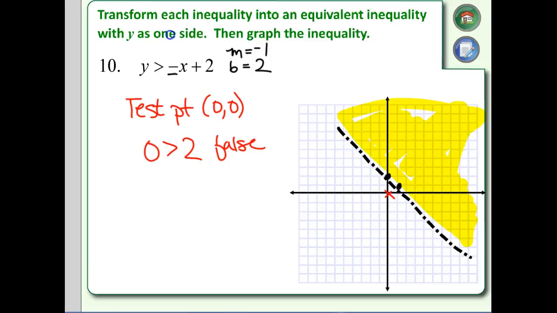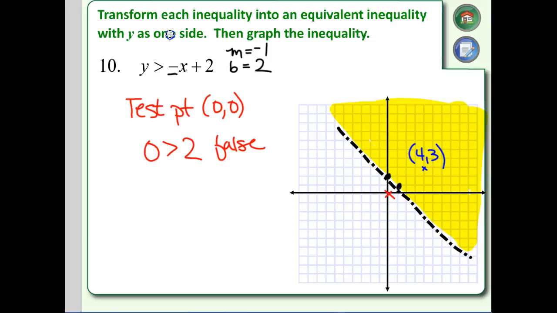Now remember, that shows me which side of the line will give me a positive solution. So the test question might say, is 4, 3 a solution to this graph? And you would go over here and look at 4, 3, and that's inside the yellow zone, it's inside the color, so you would say yes, 4, 3 is a solution.